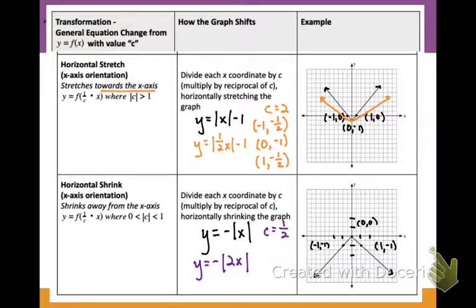So now I'll start by plugging in those same x values, so -1, but this time I get -2 with my transformed equation. 0, 0, and then 1, -2. So now when I graph these, we can see that our new transformed V-shaped graph is being shrunk away from the x-axis.